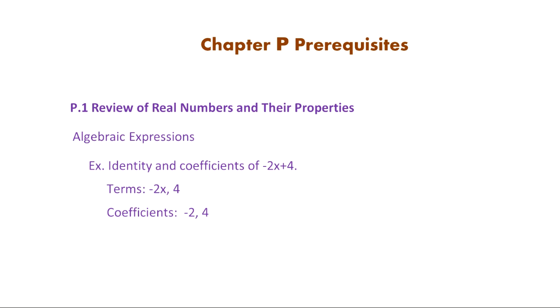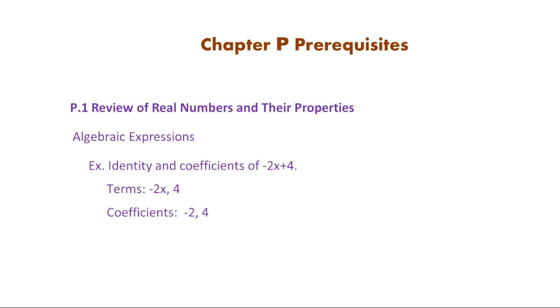You can add them, subtract them, multiply them, or divide them in any way you want. Just put all the numbers and the variables in one basket and mix them together.